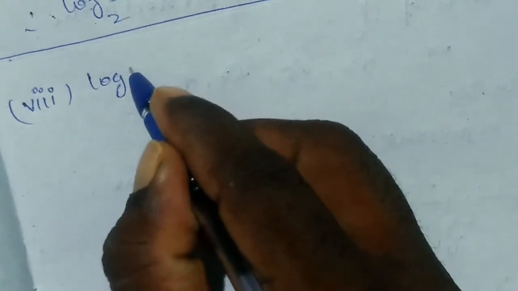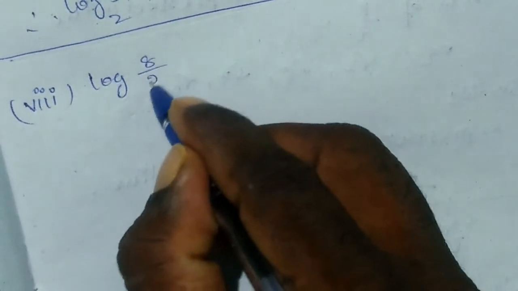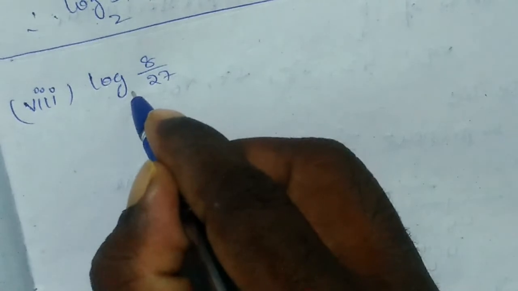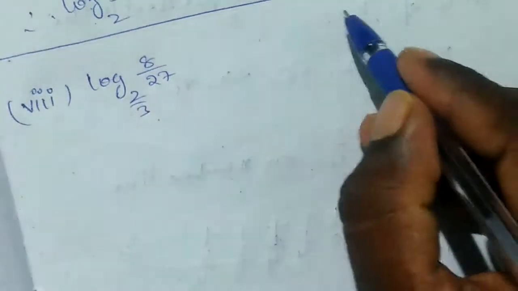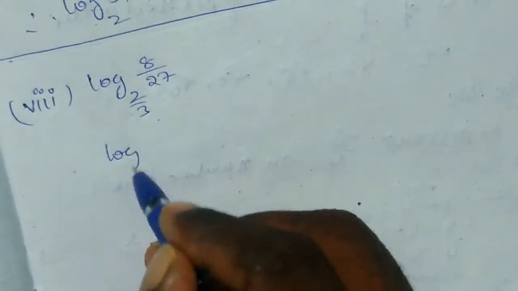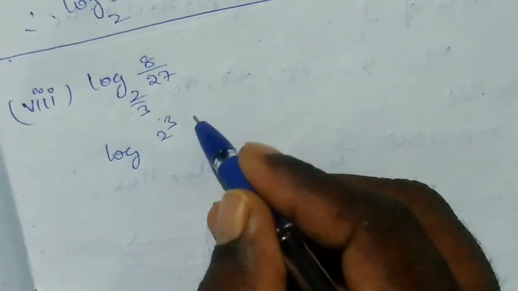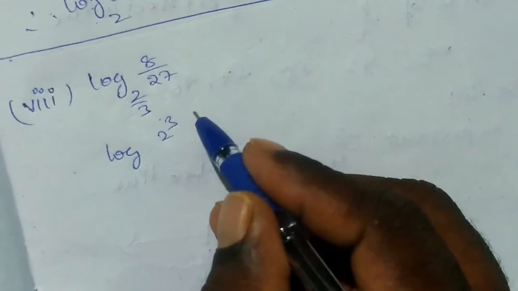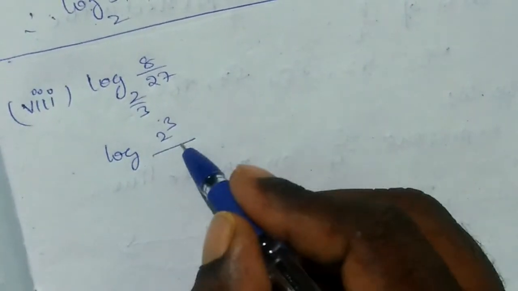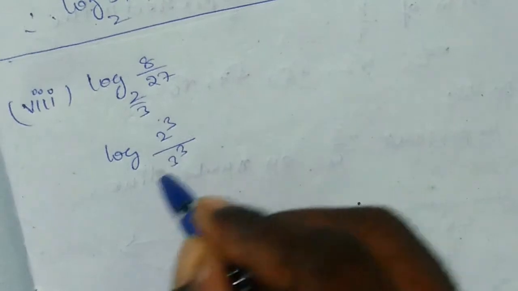Log 8/27 base 2/3. Log 8 we can write as 2 cube, 2 into 2 into 2, which is 8. And 27 we can express as 3 cube.